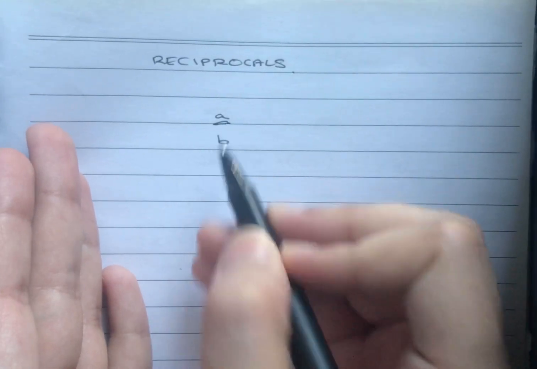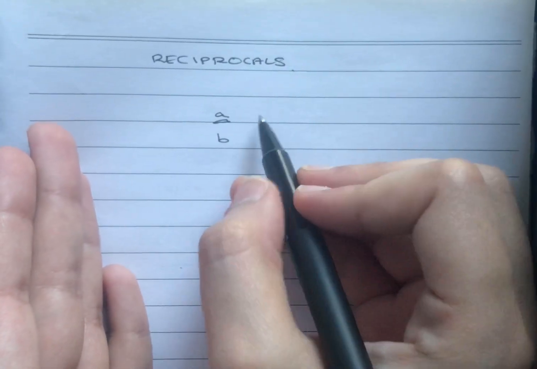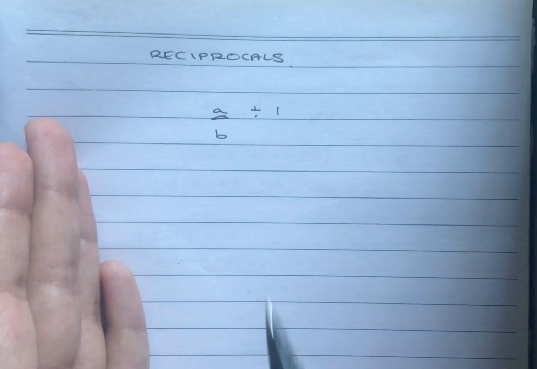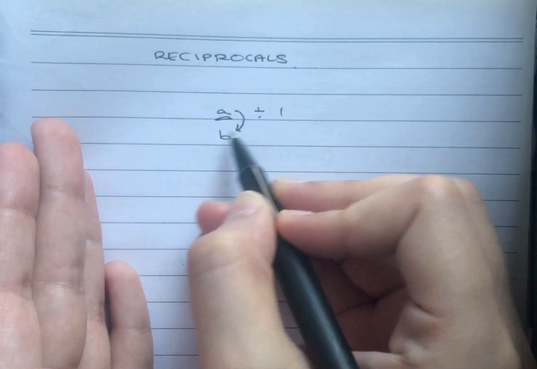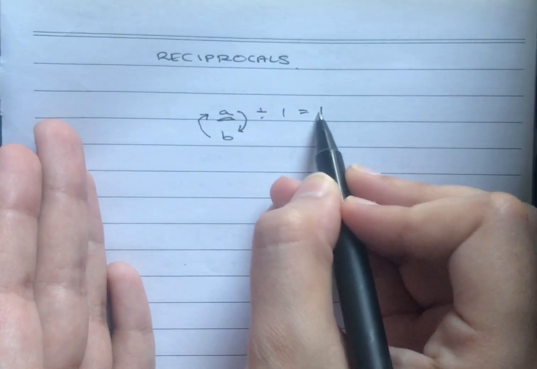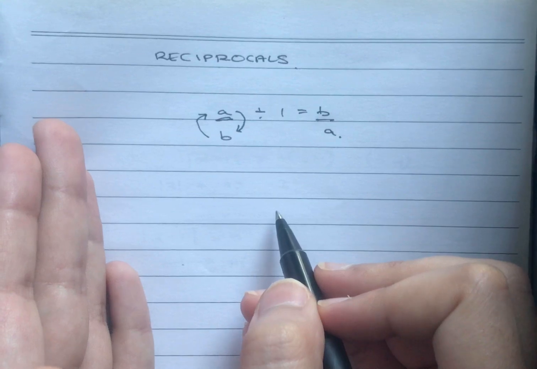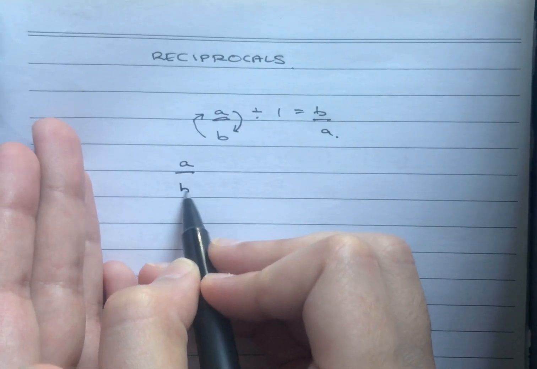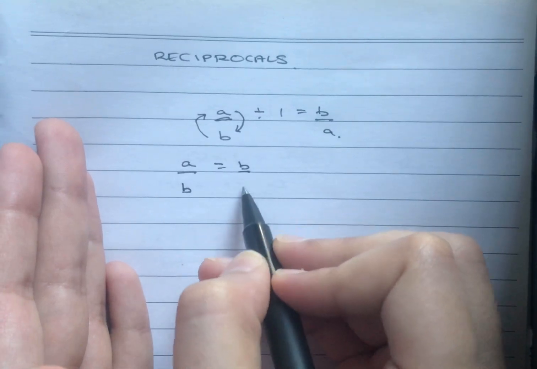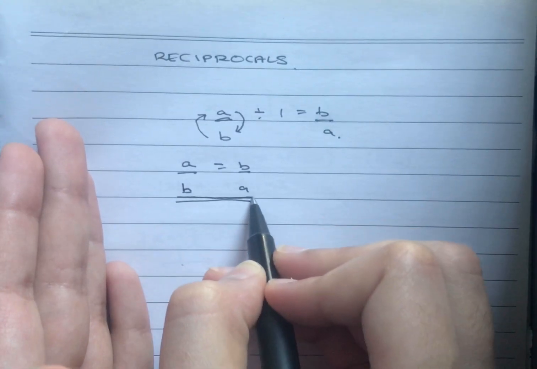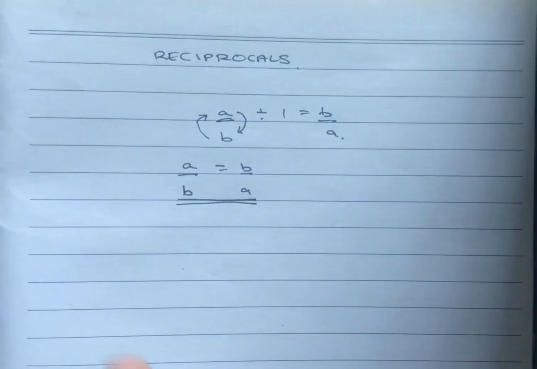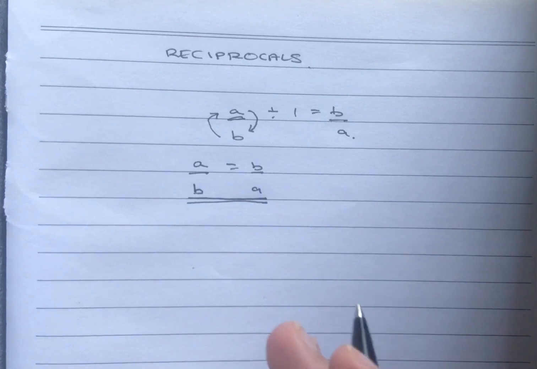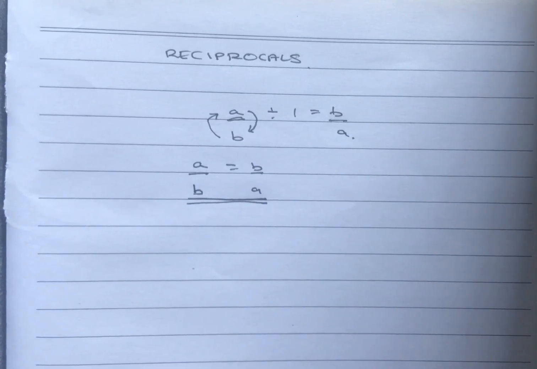If you have a fraction like this and you divide it by 1, what will happen here is a will go down while b will go up, so your result will be b over a. So the reciprocal of a over b will be b over a. This is really important, just note it down somewhere, because whenever you have a question that needs you to find the reciprocal, all you got to do is switch the denominator and numerator.